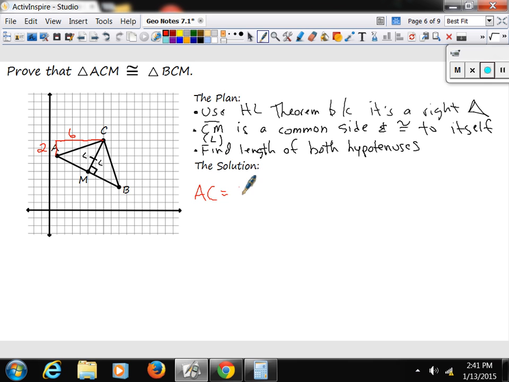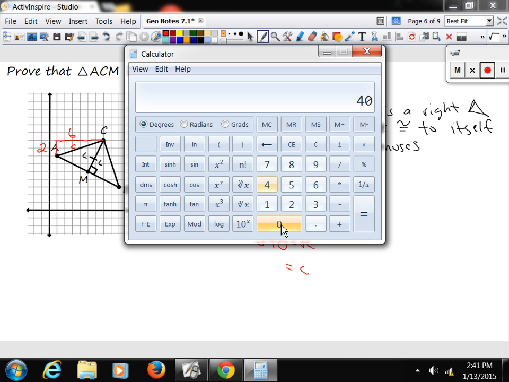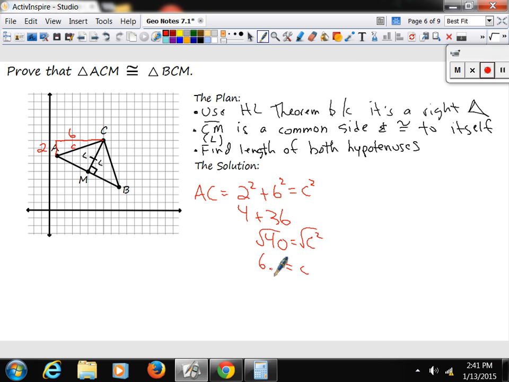So for AC, 2 squared plus 6 squared equals c squared. That will give me my AC. This is my little c right there. 4 plus 36 is 40. Square root both sides. Square root of 40 is 6.3. So this one is 6.3. So this side is 6.3 right here.